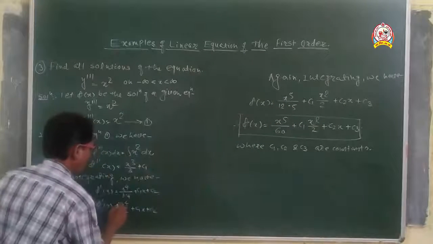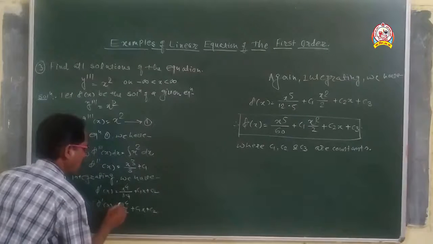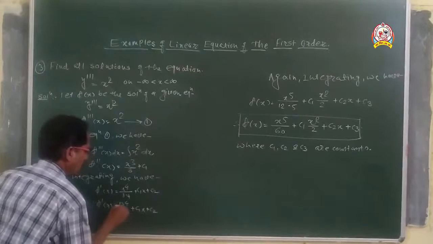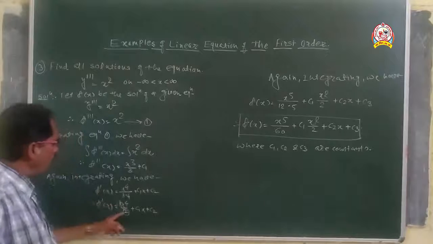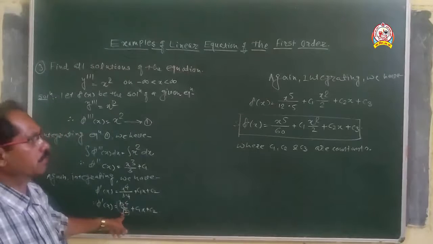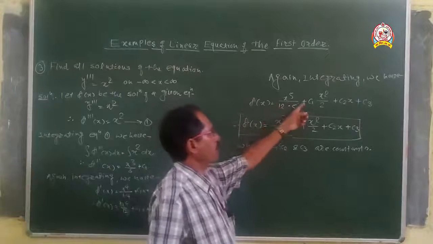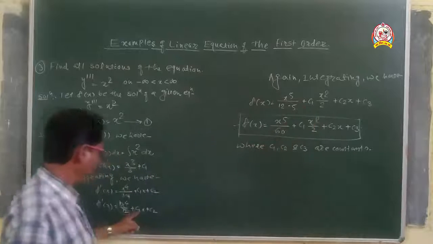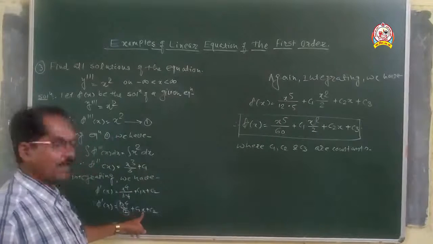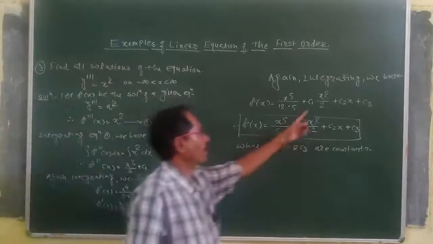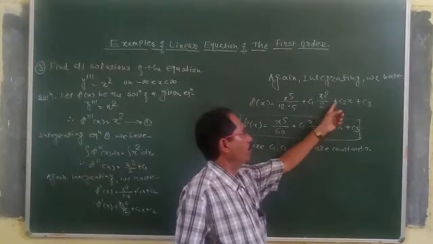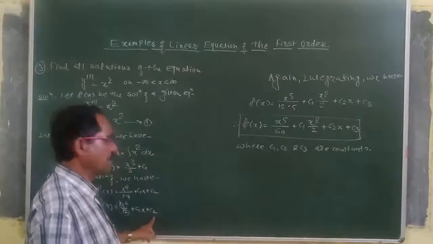Here the coefficient of x^4 is 1, therefore 1/12 is a constant, plus c1 constant here. Integration of x is x^2/2, plus the integration of c2.